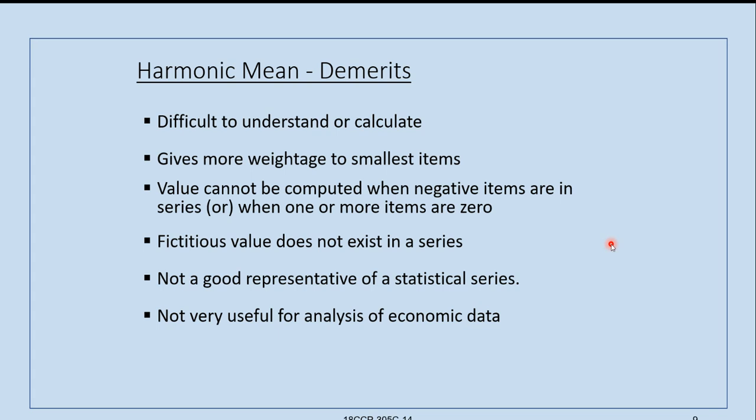And fictitious value does not exist in a series. Fictitious means assumed values will not be there. In the case of arithmetic mean, we have assumed means and other values. But here we will not have any fictitious value, either in geometric mean or harmonic mean.